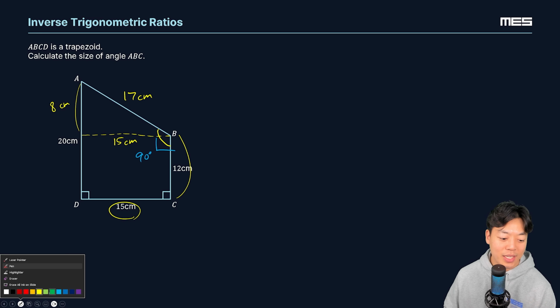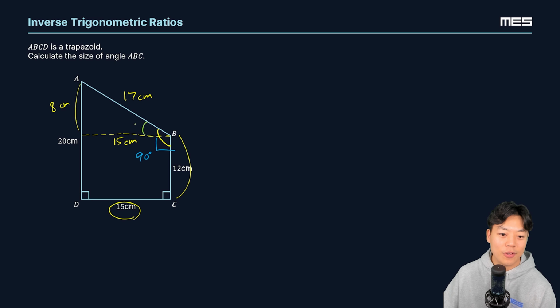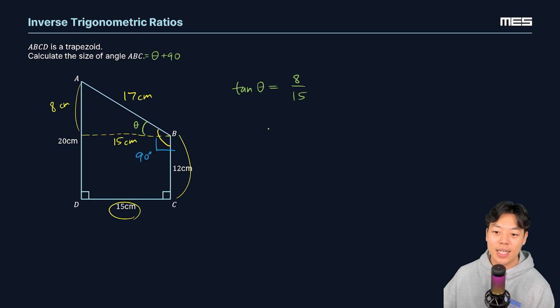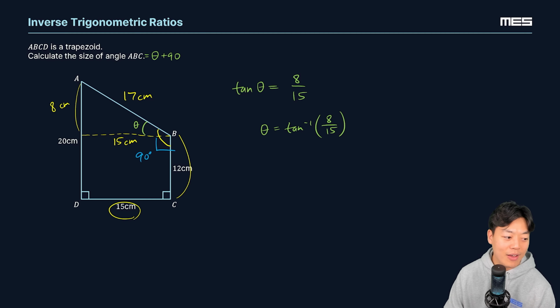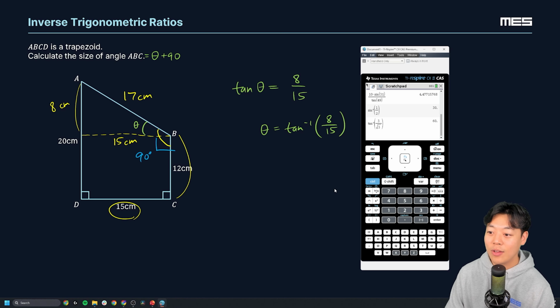But really what we wanted to know is this angle right here. I'll put it in green. I want to know this angle, because if I know theta, ABC will equal theta plus 90, right? From 90 from this blue. So tangent of theta is equal to 8 over 15. Theta will equal inverse tangent of 8 over 15. Let's figure that out and also add 90 while we're at it.